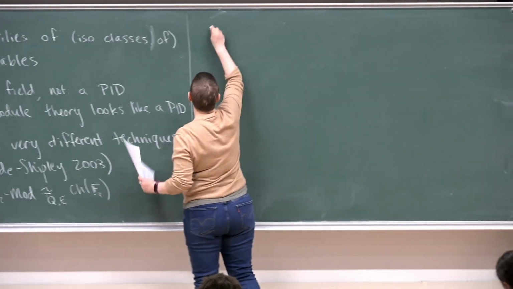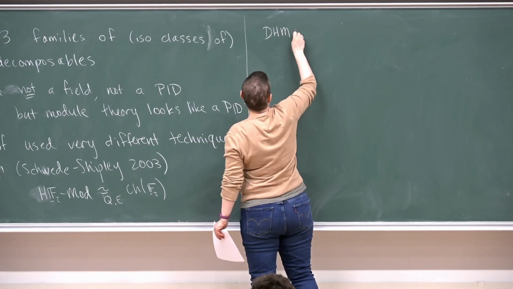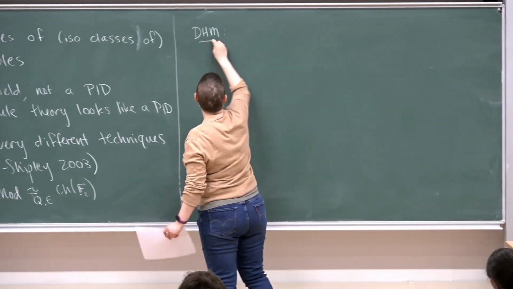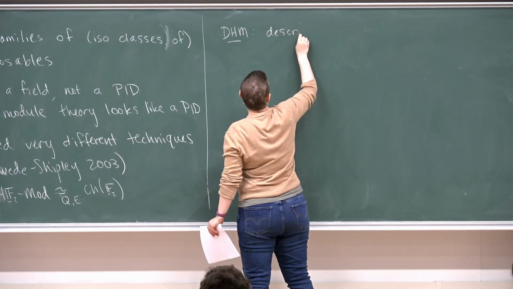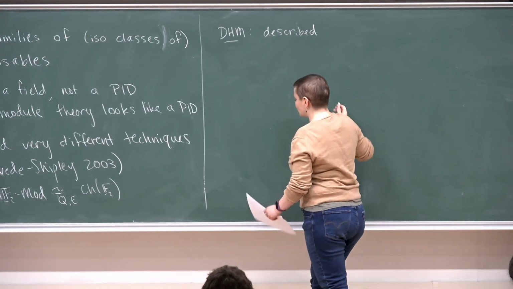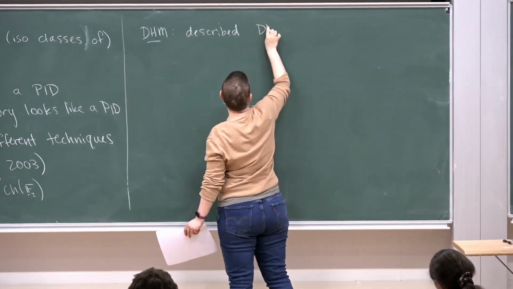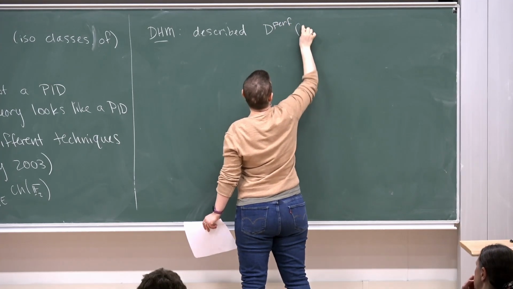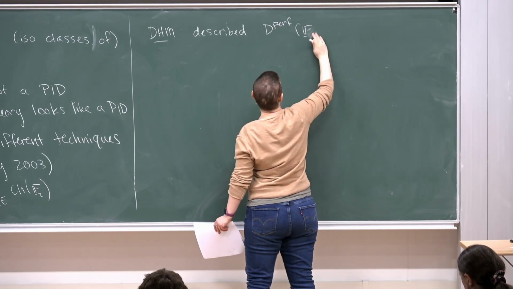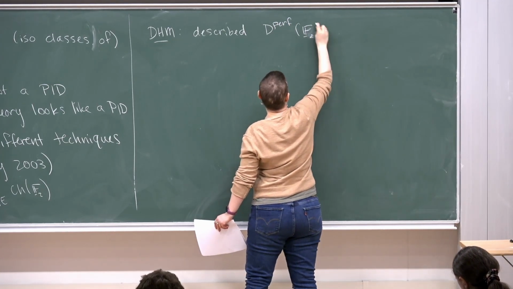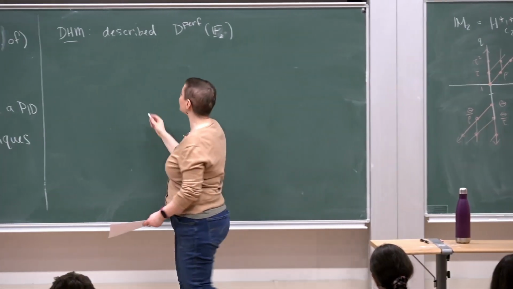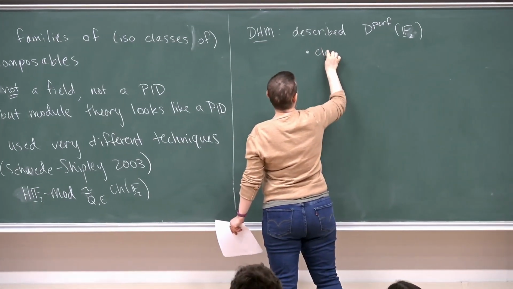Okay, and so what did Dan and Christy and I do? We described the compact objects in the homotopy category on the right-hand side, the derived category of perfect complexes of modules over this constant F2 Mackey functor. Okay, and we did that in a couple of stages.